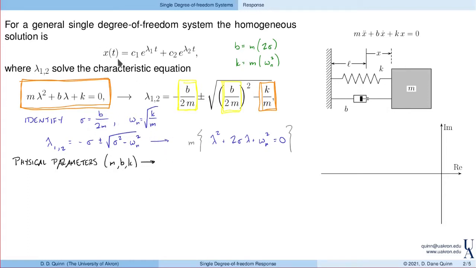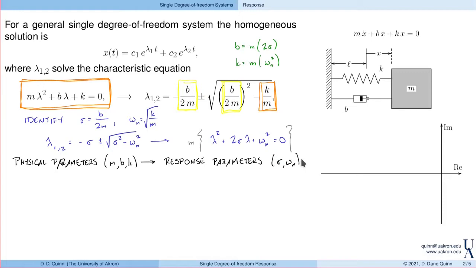After all, this is the response, x of t, given here. And that depends on lambda. And lambda can be written in terms of sigma and omega n alone. So these 3 physical parameters combine into two response parameters, namely sigma and omega n.